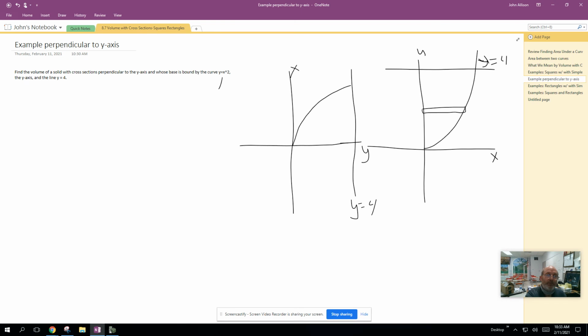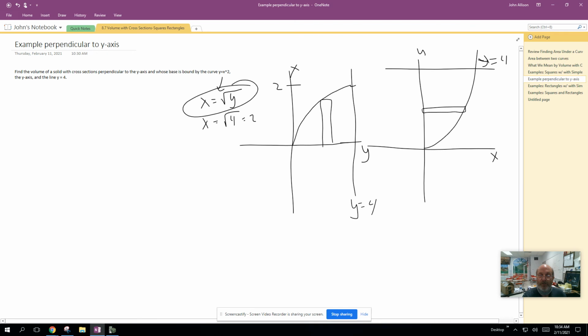And if we solve this equation for x, we get x equals the square root of y. We need to figure out what x is when y equals 4. If we plug in 4 for y, we see that x equals the square root of 4, which is 2. Oh, we really didn't even need that. Sorry, we can just integrate this. We take one rectangle out of there, and we know that that is the base of a solid with a square cross section.